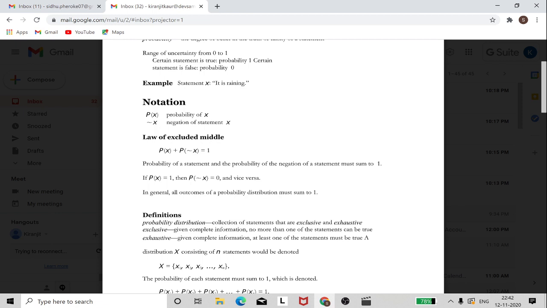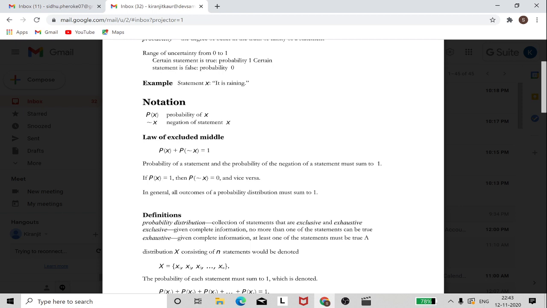What are exhaustive statements? In addition, the statements that make up a probability distribution must be exhaustive. And that means that at least one of the statements must be true when we have complete information. So I am sitting inside.